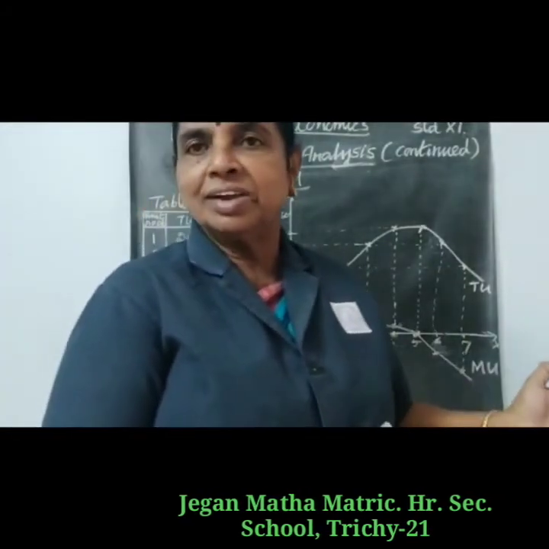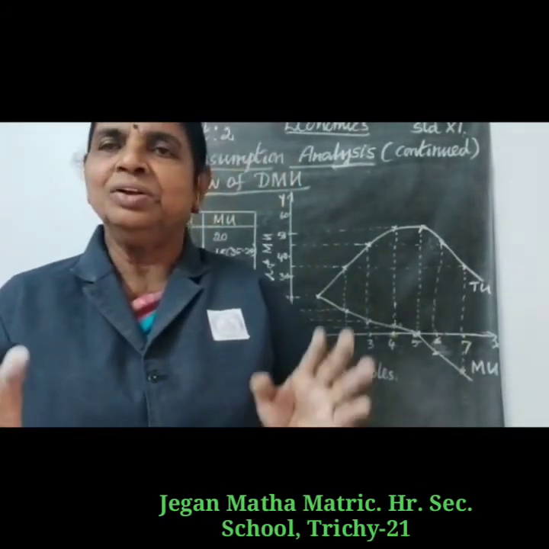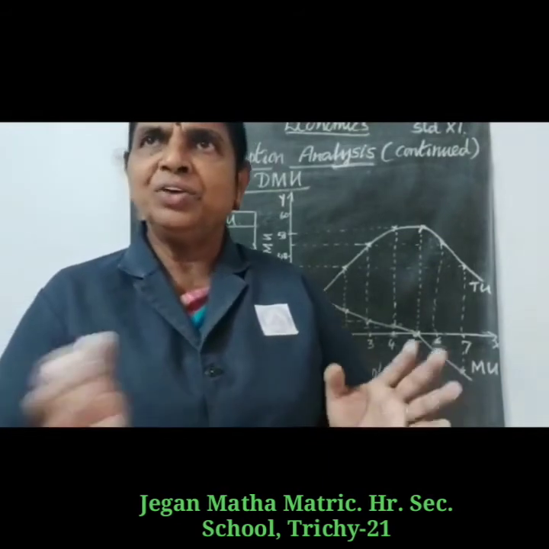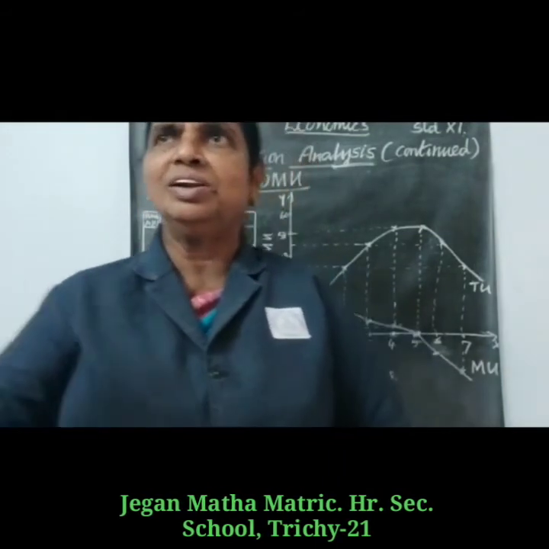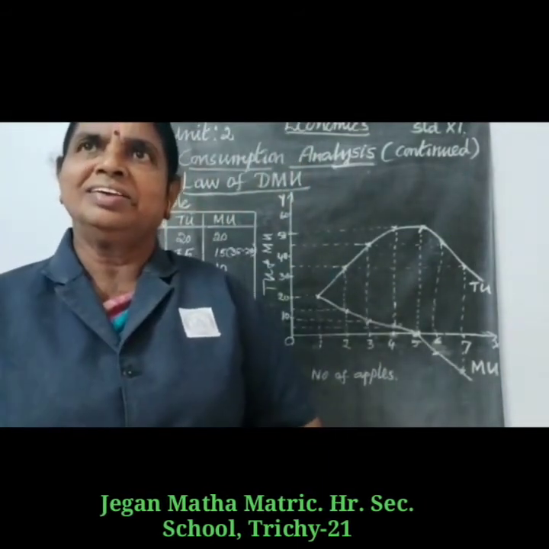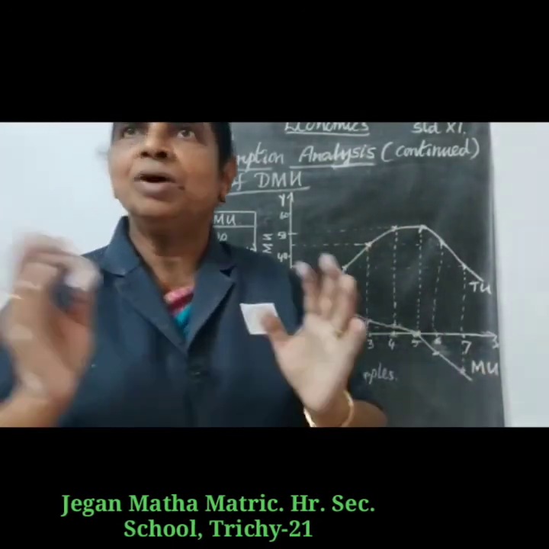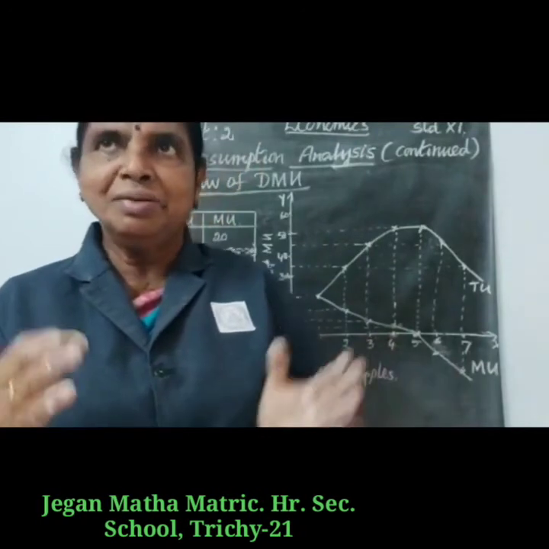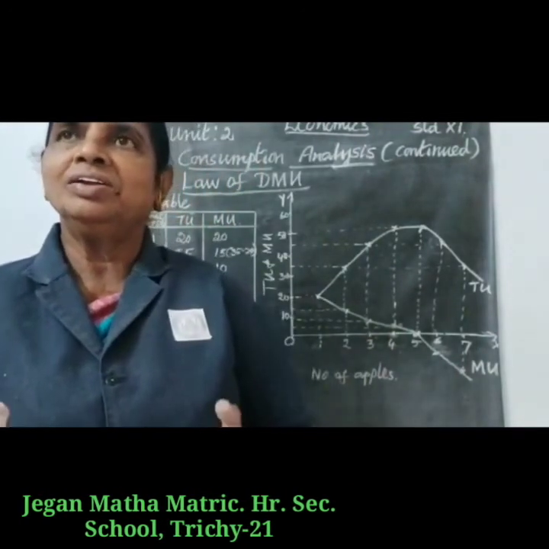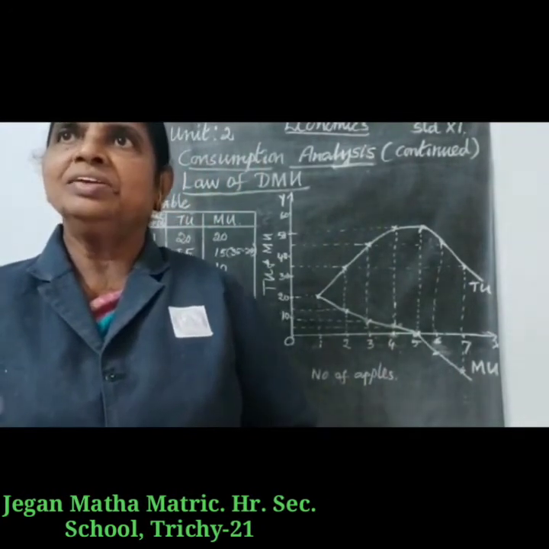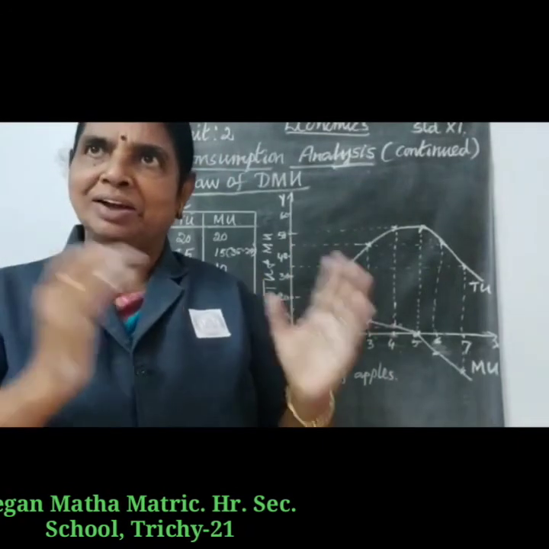Okay, so this diagram clearly explains the law to you. And we find that the total utility goes on increasing but at a diminishing rate. On the other hand, marginal utility goes on diminishing. When marginal utility becomes 0, then the total utility is maximum.